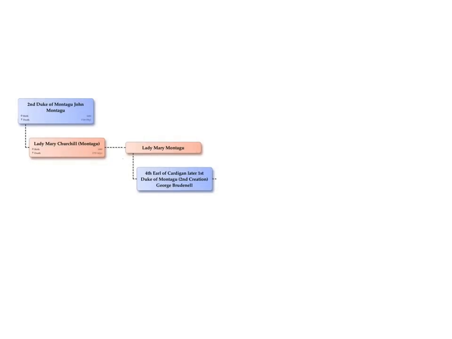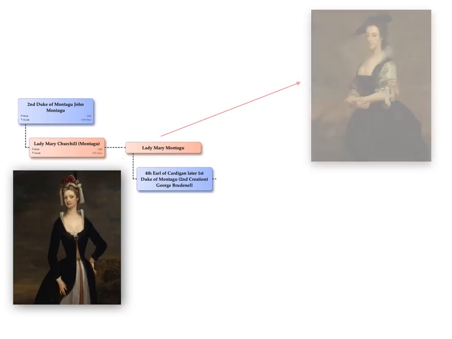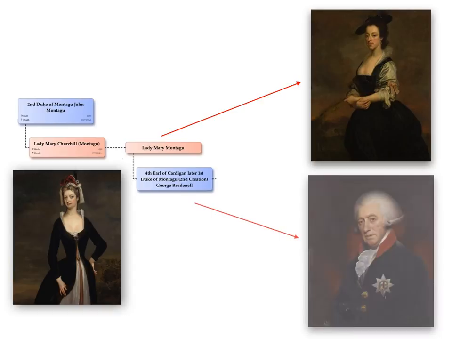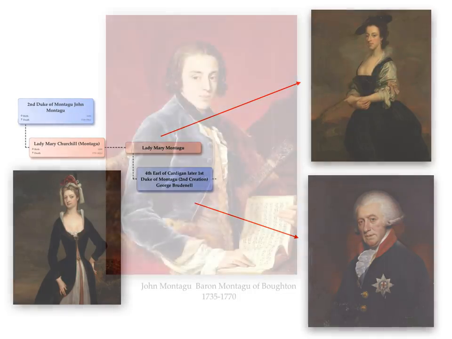John married Lady Mary Churchill of the Spencer family and produced Lady Mary Montague, who married a George Brudenell, 4th Earl of Cardigan. In 1749, John, 2nd Duke of Montague, died, and his son-in-law, Lord Cardigan, inherited his estates and changed the family name to Montague.